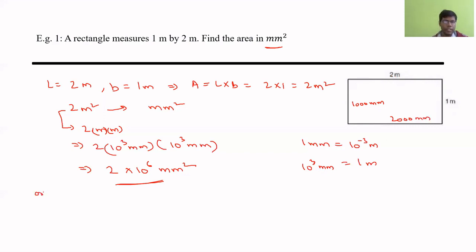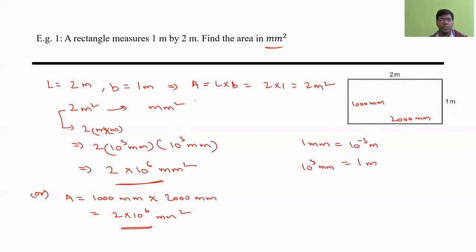So I can write the area as 1000 millimeters multiplied with 2000 millimeters, which is nothing but 2 multiplied with 10 power 6 millimeters square. Either we can initially convert the meters into millimeters and then proceed, or we can find the area in meter square and then convert it into millimeter square. Whatever is convenient, we can use that.